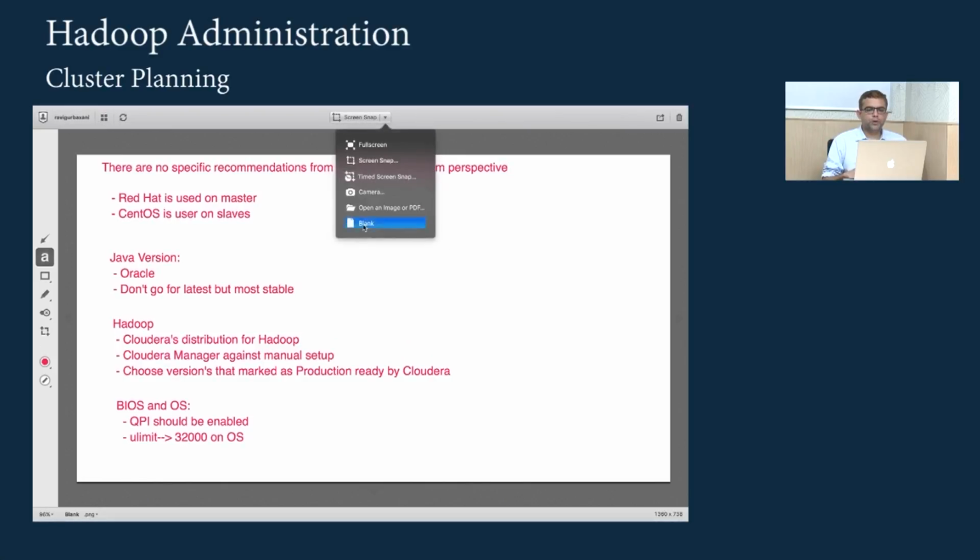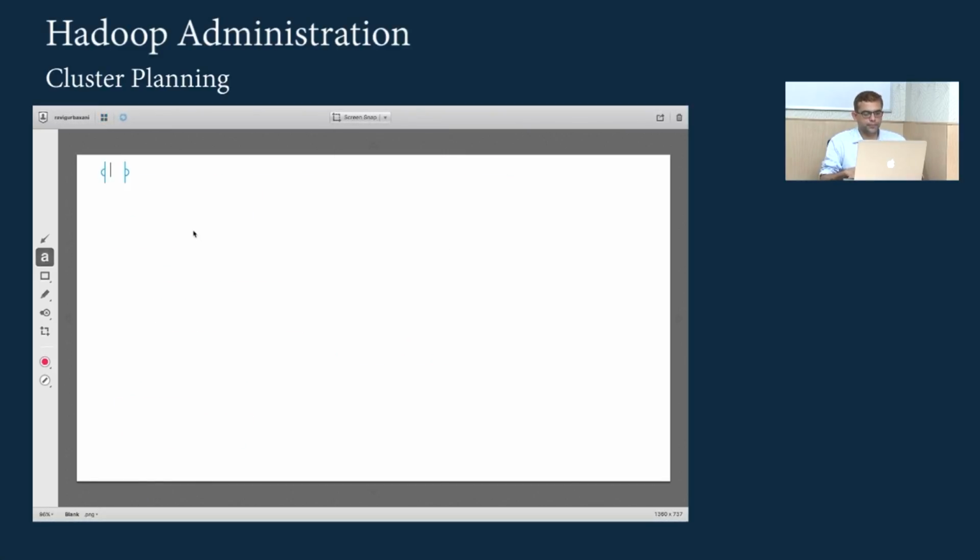The next thing we are going to talk about is network. Minimum is 1 gig. Good to have will be 10 gig bandwidth. And third thing, always use bonded Ethernet so that you don't have to really worry about failure, or at least you are protected against failure.